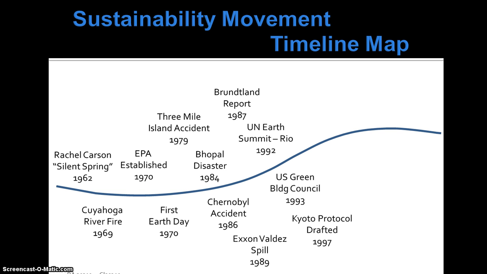Then along came a movement where we started to recognize more urgency around this, right? So we talked about the Brundtland definition for sustainable development. That was in 1987. In 1992, the first summit around the environment was held in Rio de Janeiro. The U.S. Green Building Council started an initiative on green building, right?